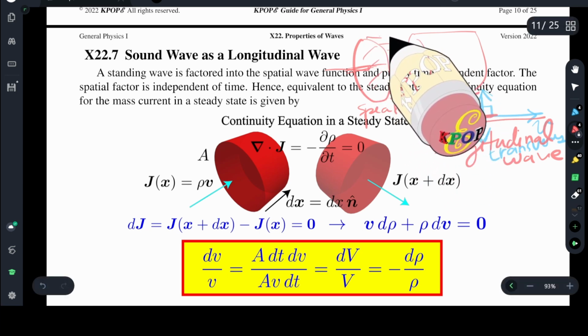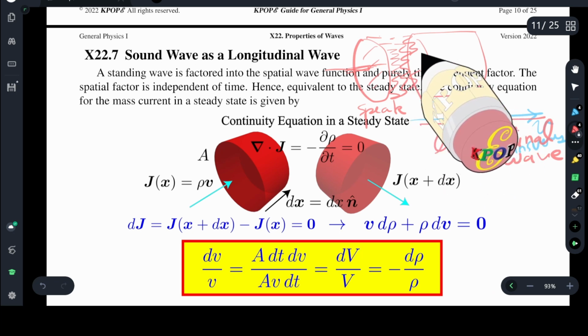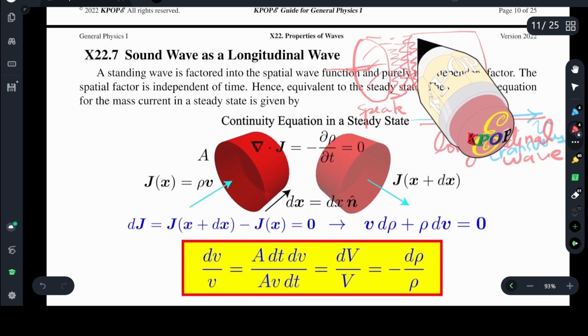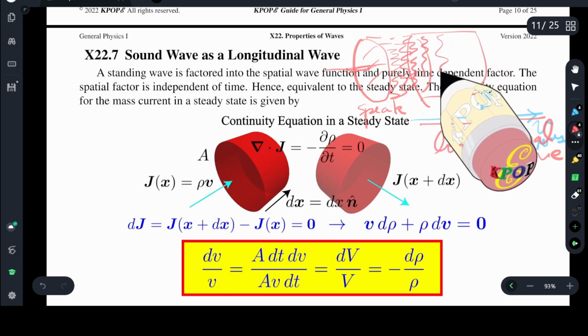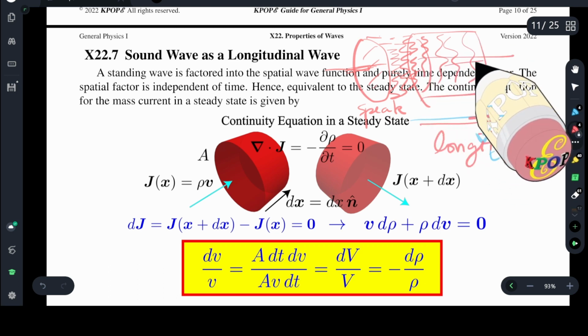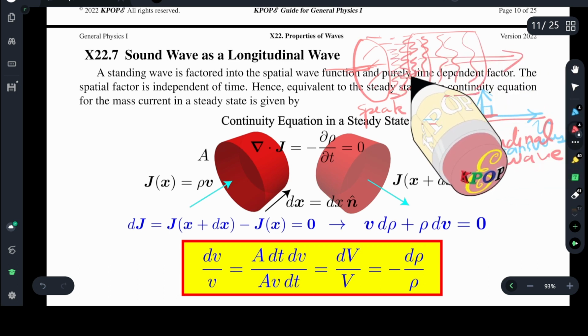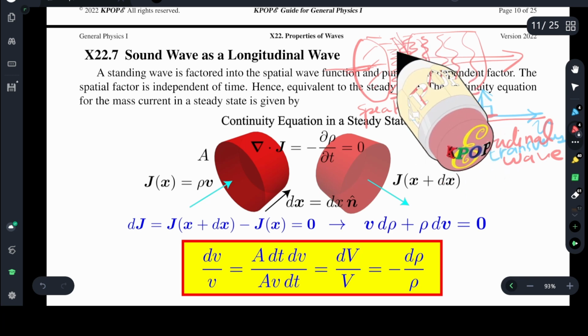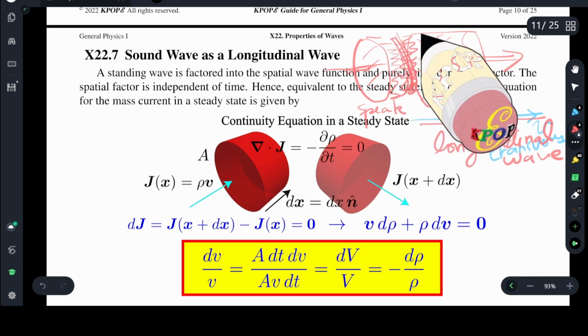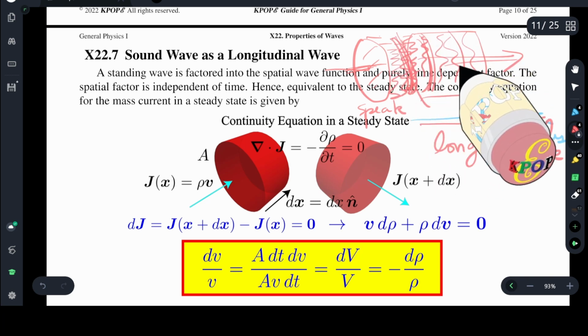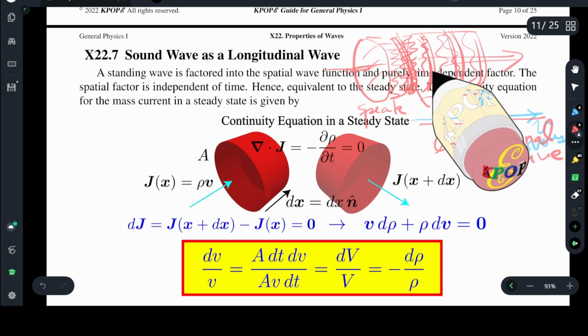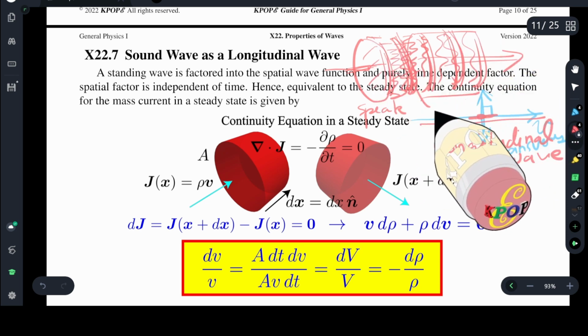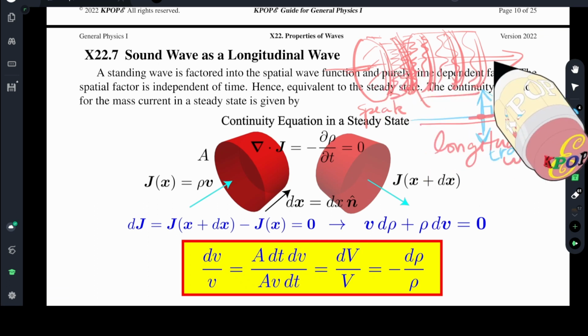Accordingly, the pressure changes, and the change of pressure propagates along the longitudinal direction. So at some point the air is more dense, and a periodic structure appears.